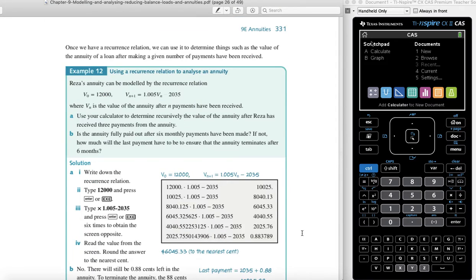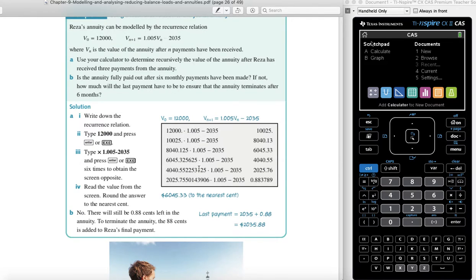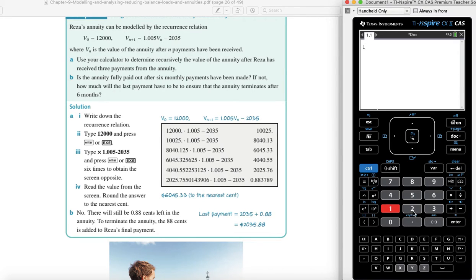So once we have the recurrence relation, we can determine different things about the loan. So let's have a look at this. Use your calculator to determine recursively the value of the annuity after Reza has received 3 payments. So let's have a go at this. On your calculator page, 12,000, enter that.